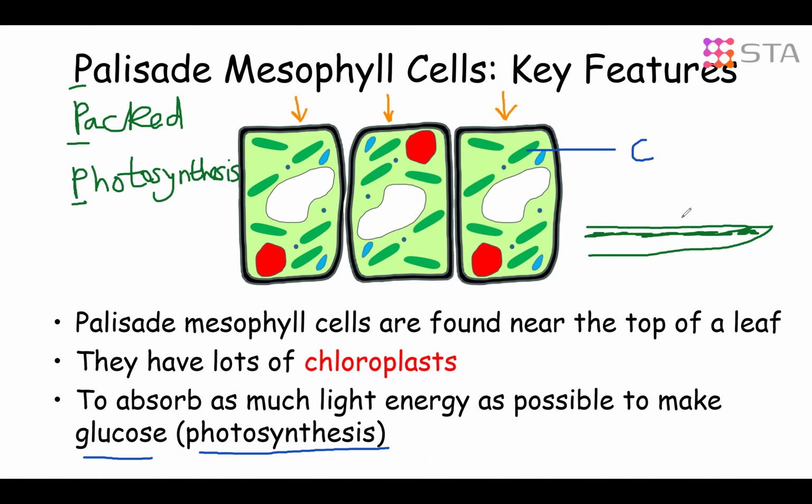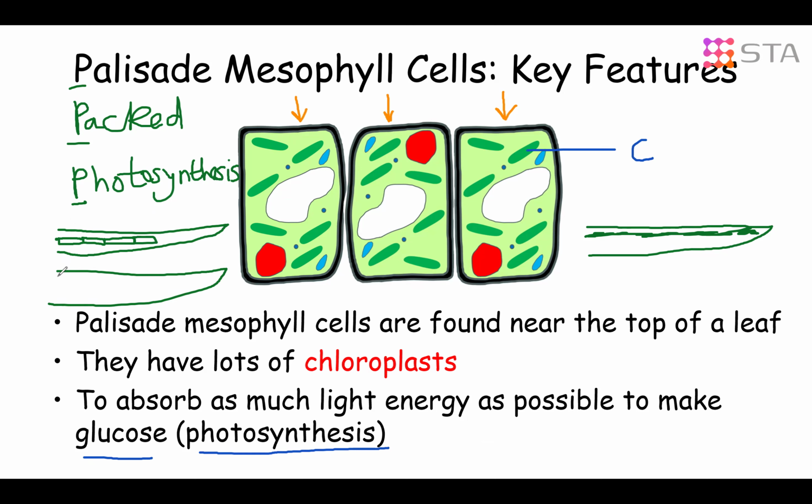Now, an interesting thing about palisade mesophyll cells is the way they are packed together inside the leaf. Notice they look like rectangles and they are standing vertically. Now, the reason they're standing vertically is because you can fit more of them in a leaf. Let's have a look at two leaves. This is a cross section of a leaf. If the palisade mesophyll cells were horizontal, you would only be able to get a few inside the length of the leaf.